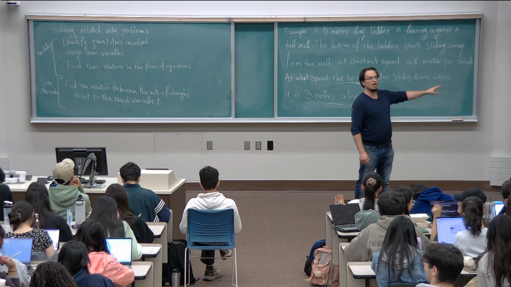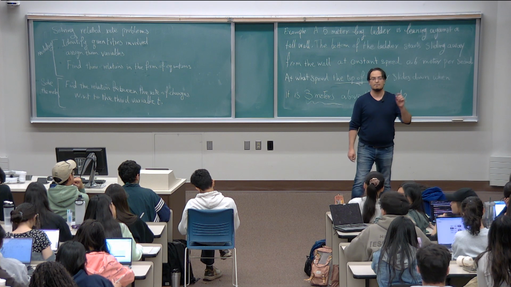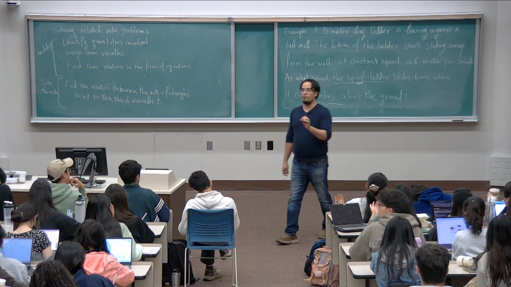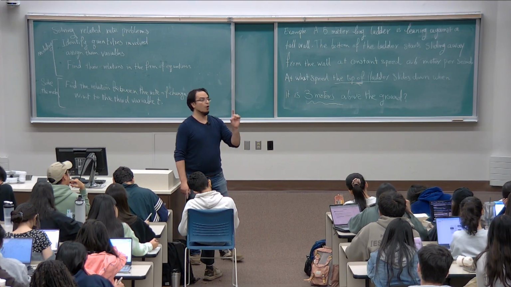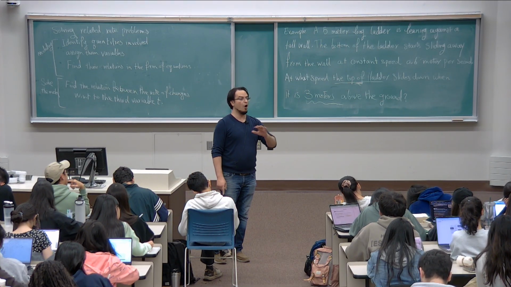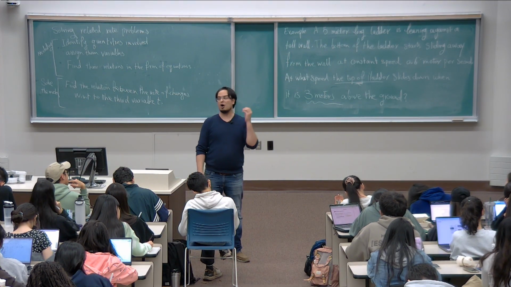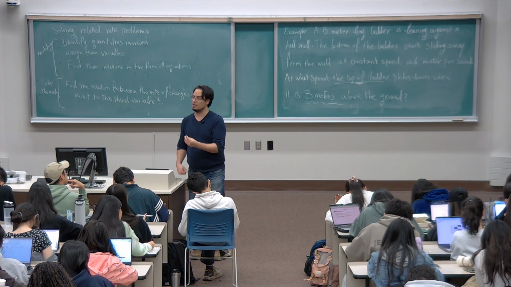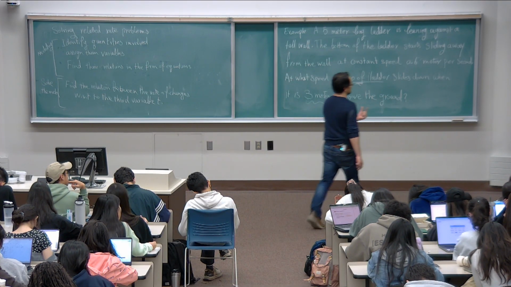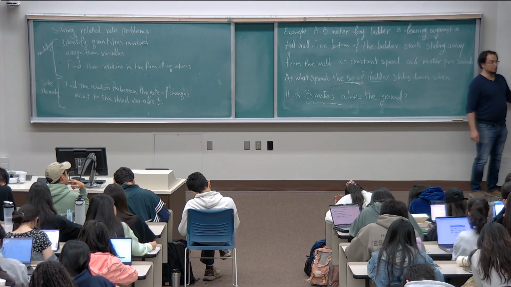Then I will start differentiating both sides. One important thing at this stage we have to remember: both x and y, all the variables, are functions of a third variable, in this case time. So we are not differentiating with respect to x.